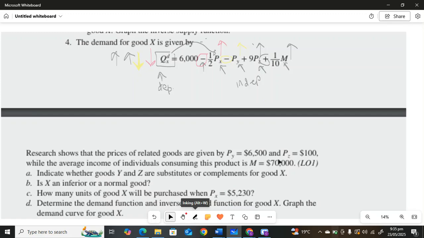It's a good which is used with another good; by itself, it's of no use.